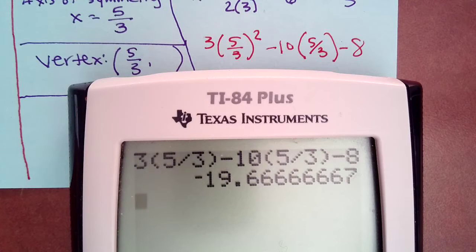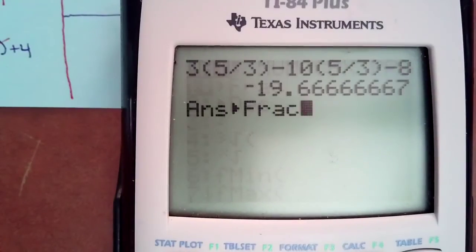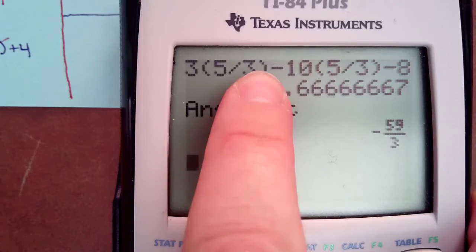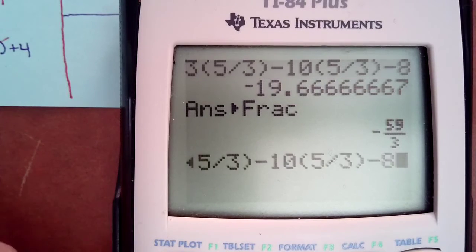Negative 19.6 repeating. I want a fraction. So, math, enter, enter. Something went wrong. What did I forget? To square it, guys. Yep. So I forgot to square mine.